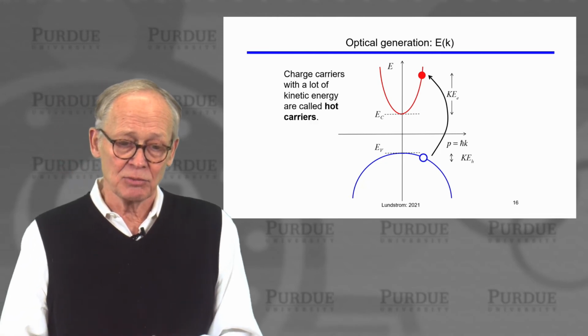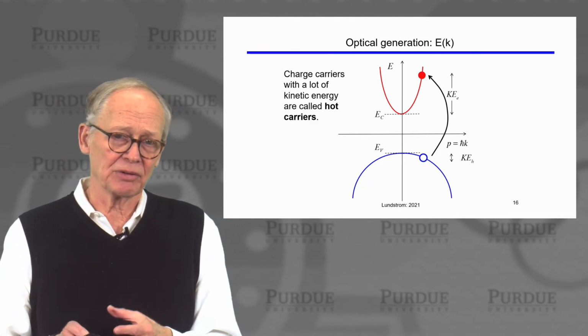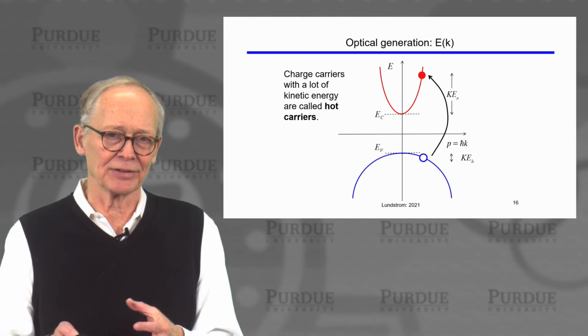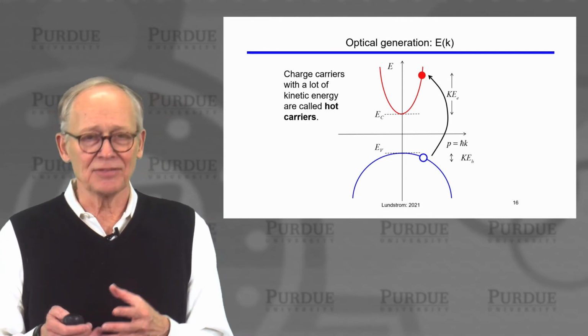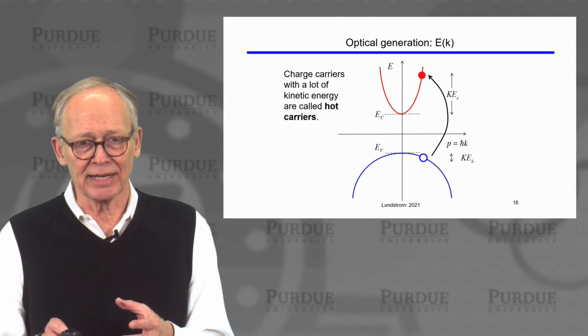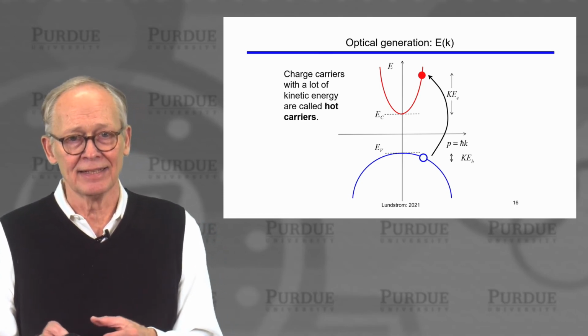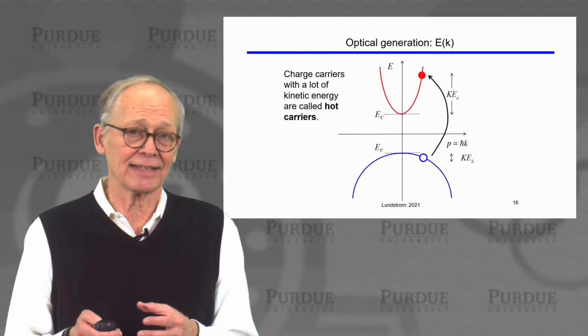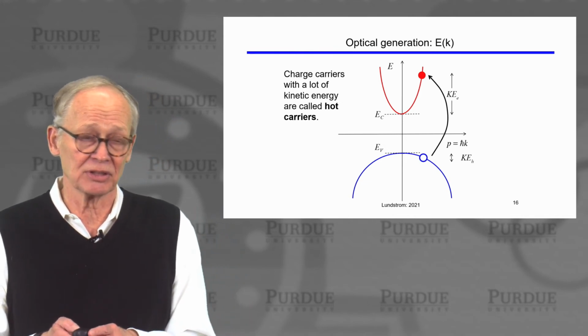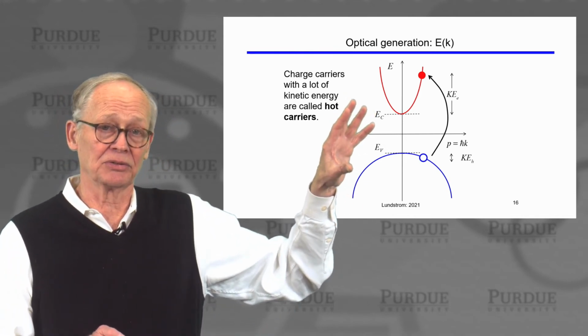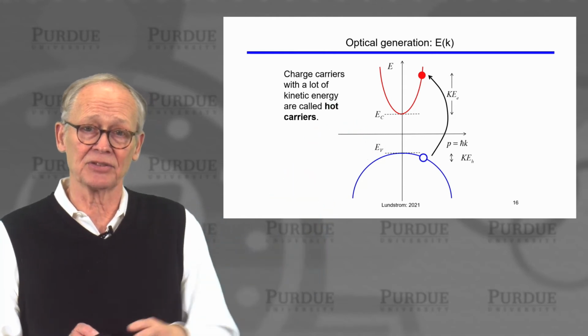That kinetic energy will be dissipated. Those carriers are frequently referred to as hot carriers because it's convenient to measure their kinetic energy by equating it to 3/2 kT. 3/2 kT is the kinetic energy of particles in random thermal motion. And these carriers are particles in random thermal motion inside the silicon lattice.